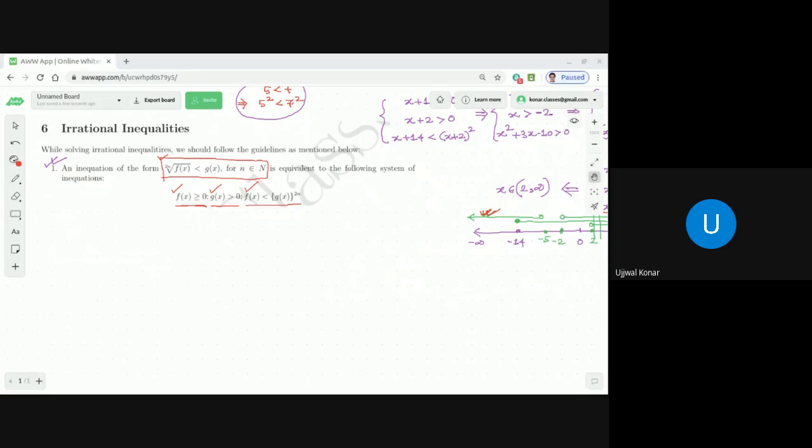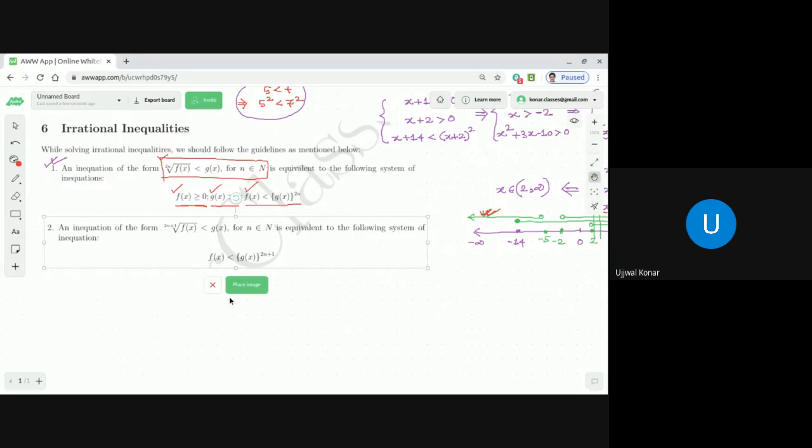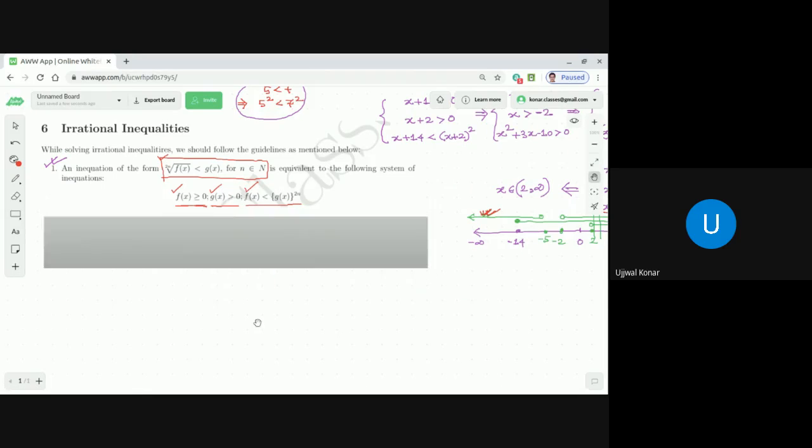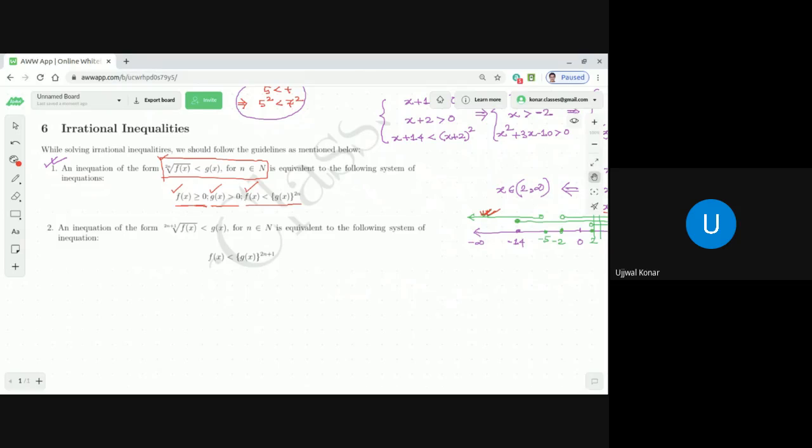Now, there is a second guideline. I'm just telling you the guidelines; after that, we'll solve a few problems together. The second guideline says, dear students, that if you find f(x) to the power 1 by 2n plus 1, that means the (2n plus 1)th root of f(x) is less than g(x), then this inequation is equivalent to the following: f(x) is less than g(x) to the power 2n plus 1.